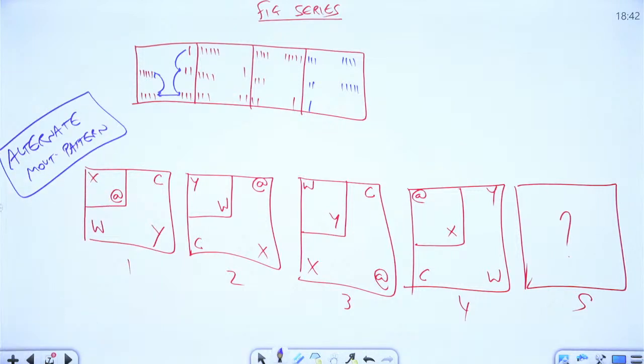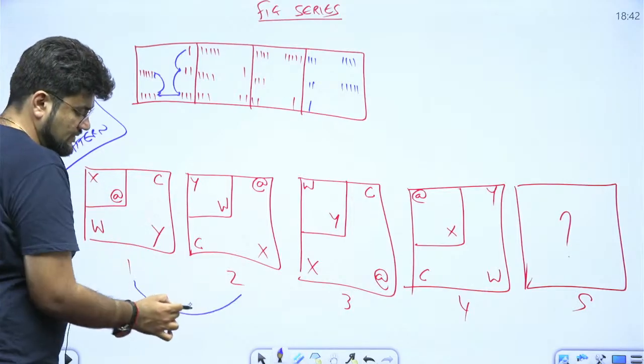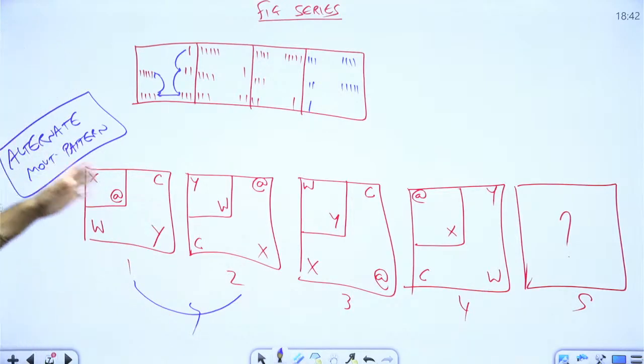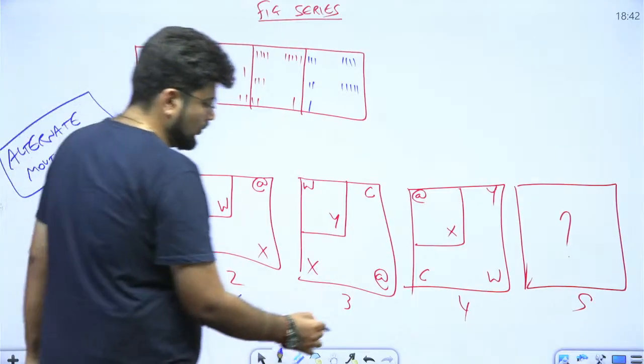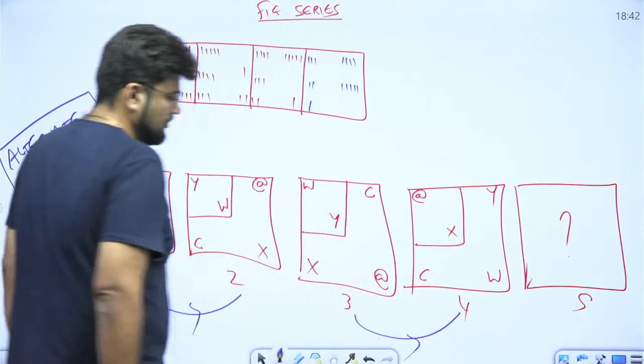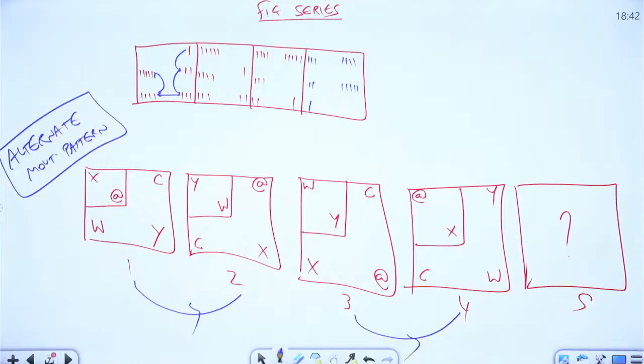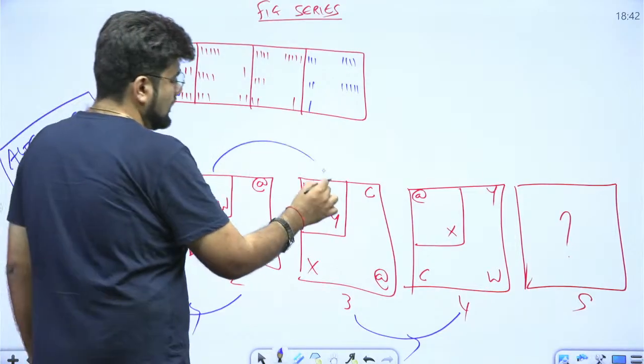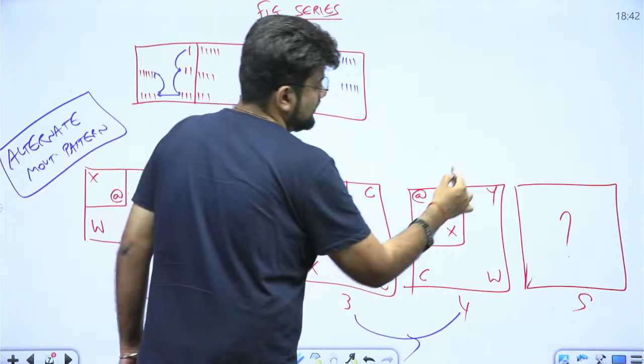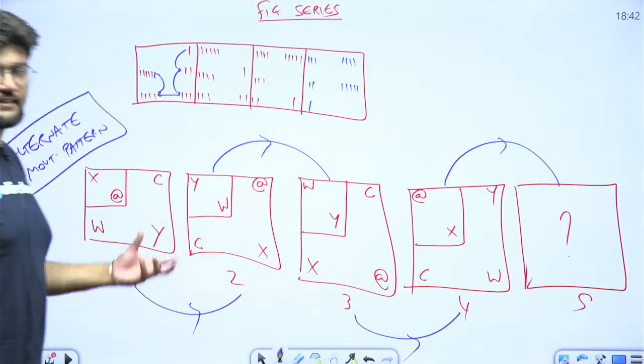Let's check. In the first figure, from first to second, a movement from an odd number to an even number will be reciprocated from an odd number to an even number. The same movement will happen. And from an even number to an odd number will be reciprocated from an even number to an odd number. The same movement will happen. We'll check that also here.